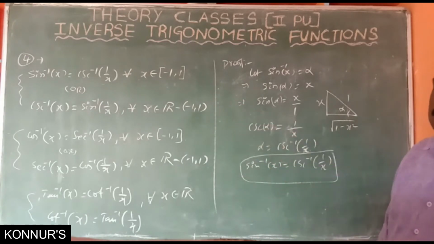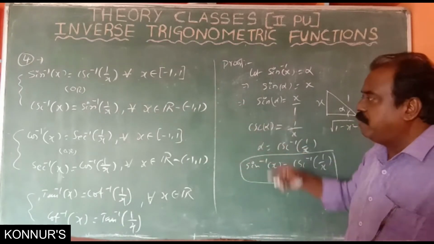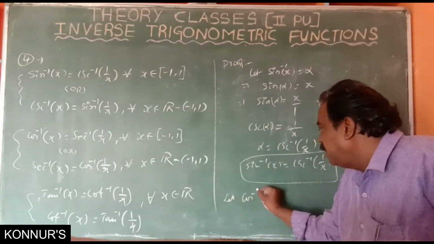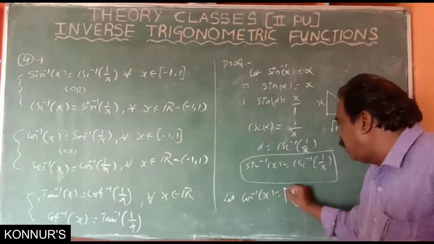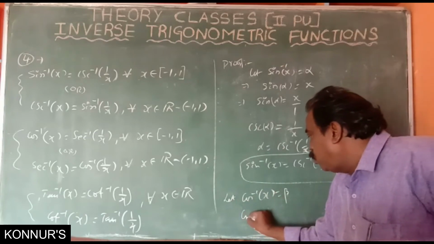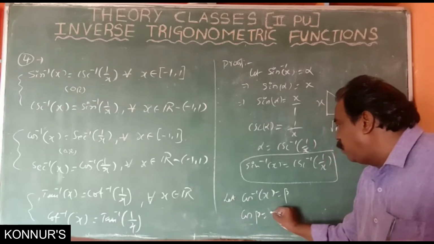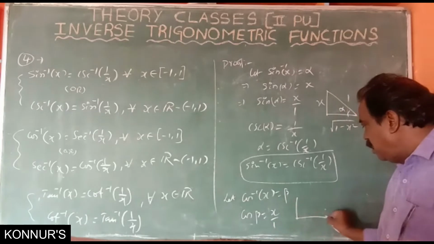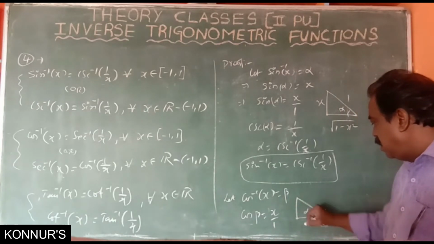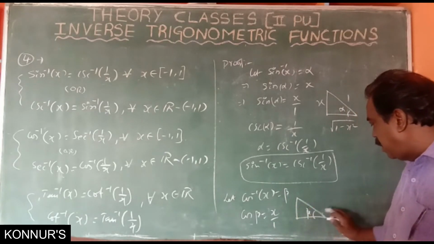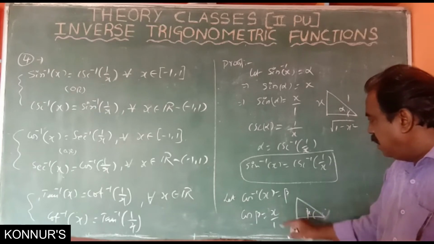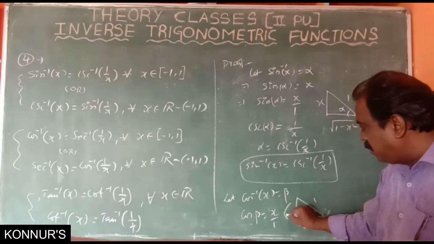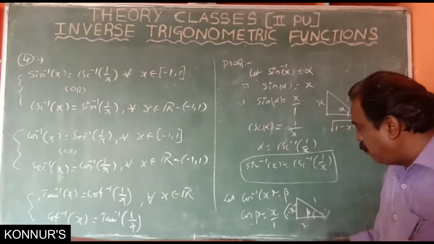There also we can easily solve this one by the same method. I'm taking the cos. Let cos inverse x be some beta. So cos beta is equal to x. X means x by 1. Here also we draw the right angle triangle: the adjacent side is x, the hypotenuse is 1, and the opposite side is root of 1 minus x square.